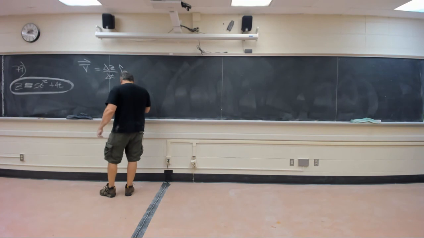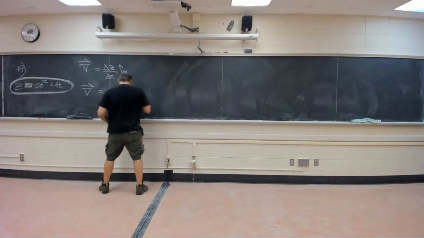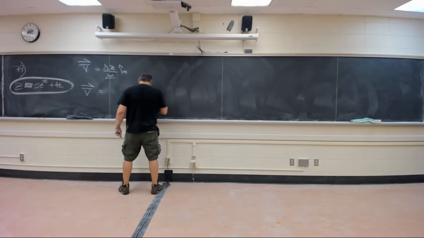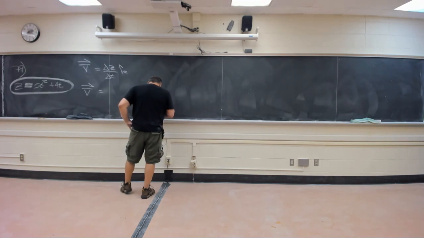If that's the case, the average v vector is, what are they trying to say here? The average v vector is, and there's a lot of ways to do this. There's a number of ways this can be written.